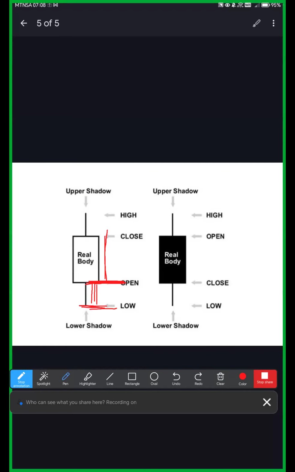When the price reached here, buyers came in large numbers. Then they started pushing the price back to where it opened. Not only where it opened, they also managed to cross the opening price. Then it went high up to this level. That's why you are able to see the creation of this shadow.